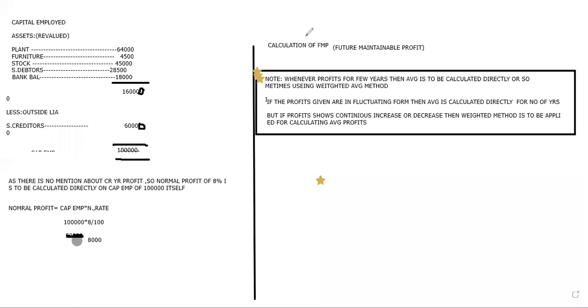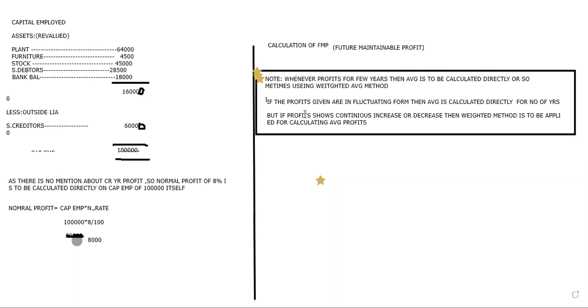And this point you have understood, no? Whenever the profits are in fluctuating mode, then we simply go with the average method, Nana. But when the profits show continuous increase or continuous decrease, then we have to follow the weighted average. Now the profits here are 25,000, 30,000, 28,000.